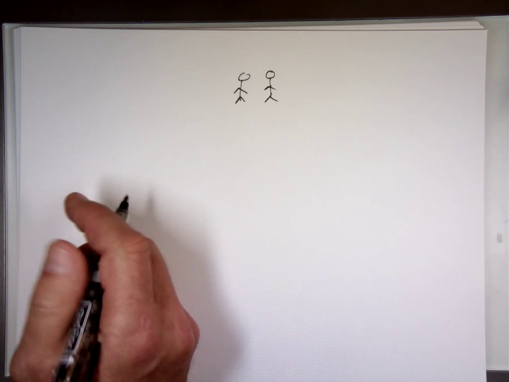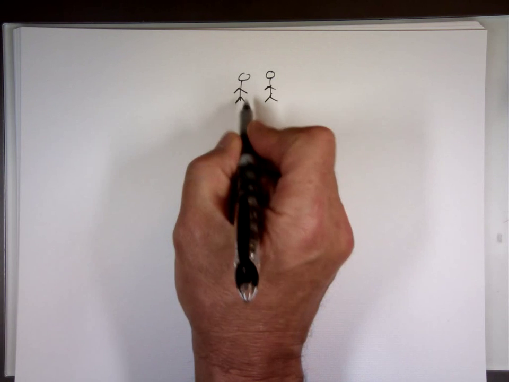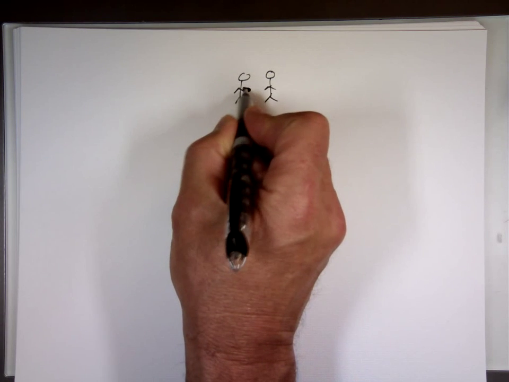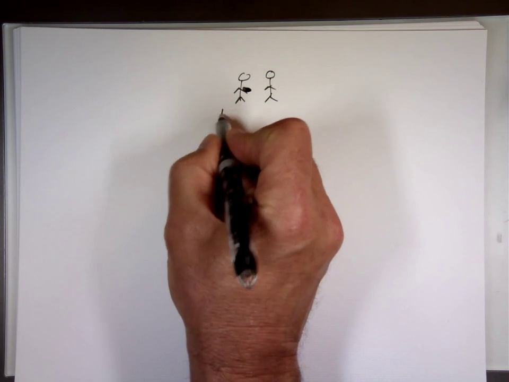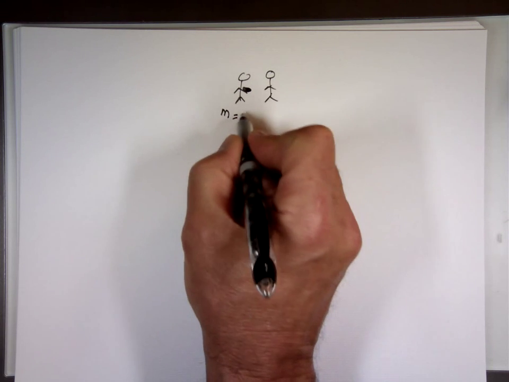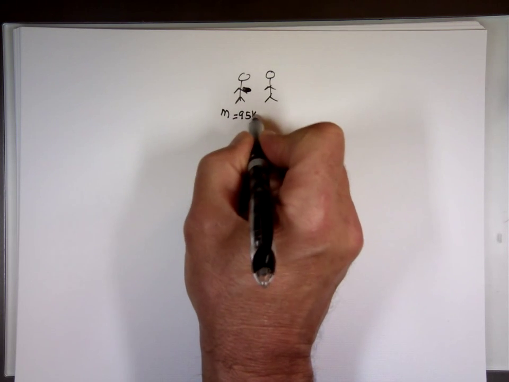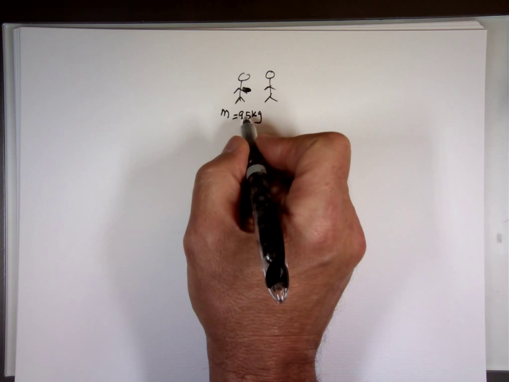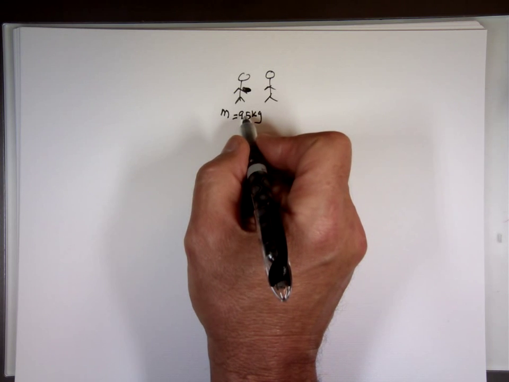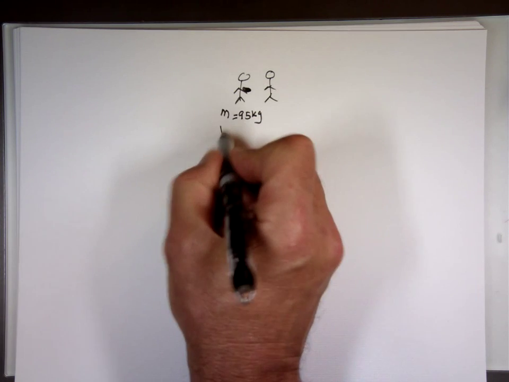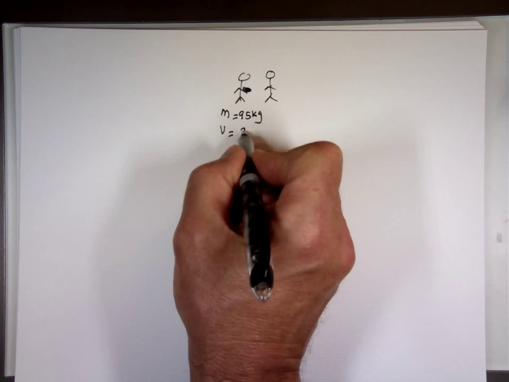This running back, that's the running back, got the ball with him, wants to score a touchdown. His mass is 95 kilogram. And he's running with a velocity or speed of 3.75 meters per second.